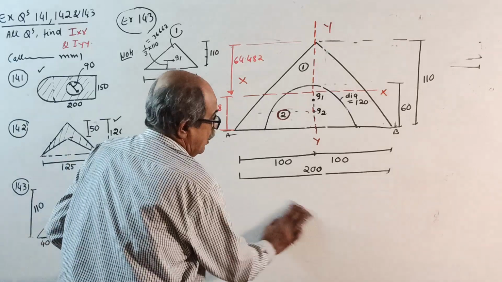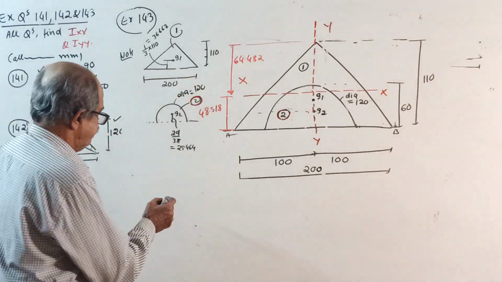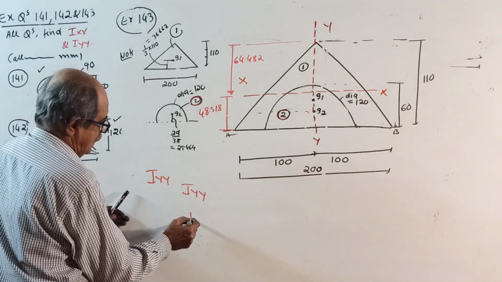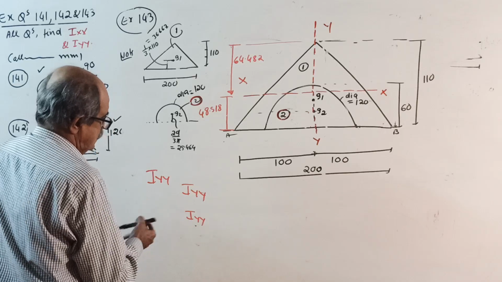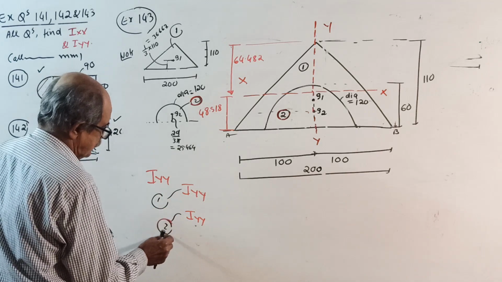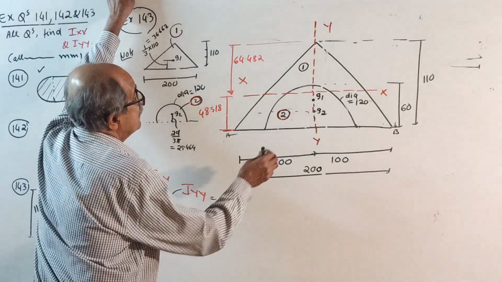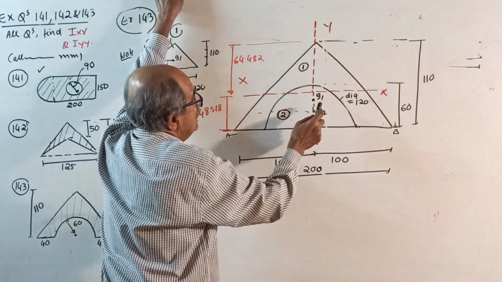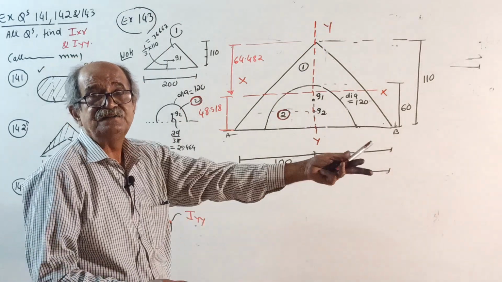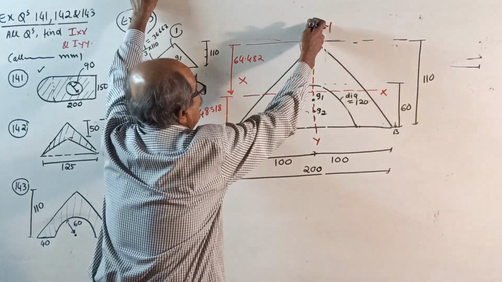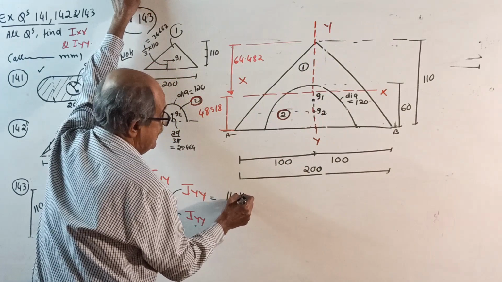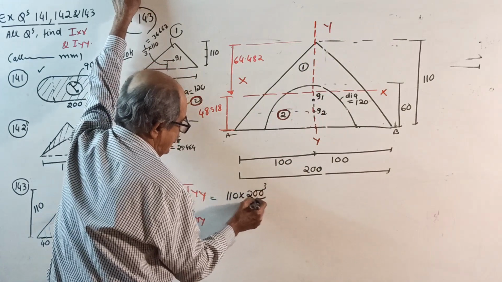Iyy is very easy because, you know, Iyy. First, Iyy for 1, little later, Iyy for 2. This is for 1, this is for 2. 2 is danger, later subtract. Okay, over. Start. See, when you do Iyy, G1, G2, both are lying in YY. So 0 square. Last term is 0 square. Start. Iyy for triangle. Parallel is 110. 110 into 200 cube divided by 48.